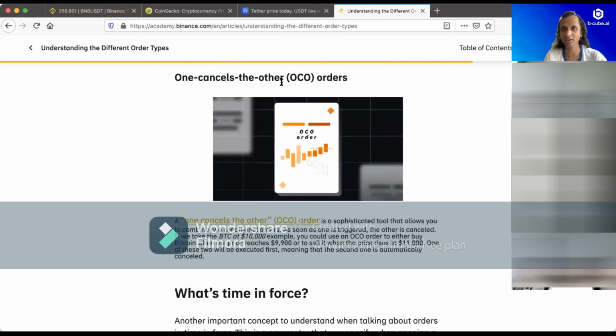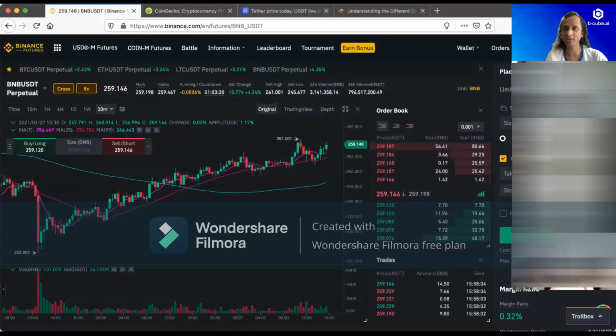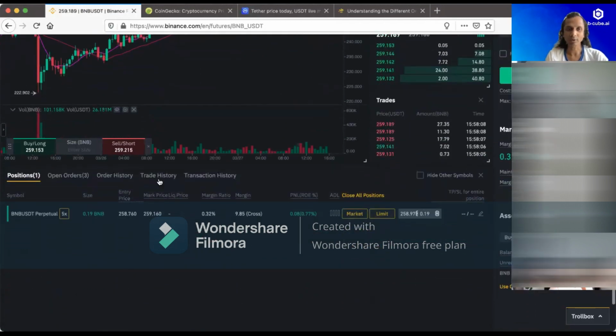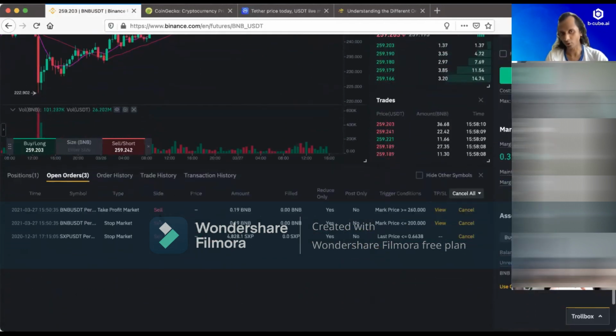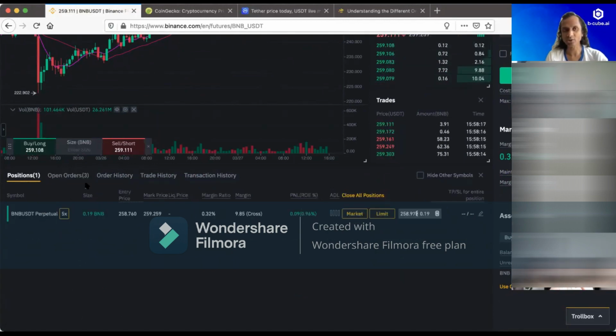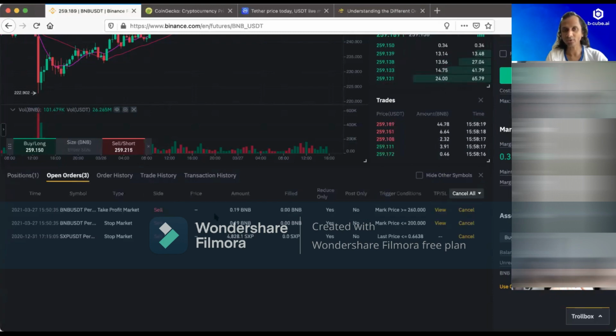One cancels the other orders, OCO orders. This is what our bots actually place. This is quite simple. You might have seen it on your Binance account already. For example, what we have placed here is kind of an OCO order, because there is a take profit and there is also a stop loss. Imagine we reach the take profit first, then the stop loss gets cancelled.